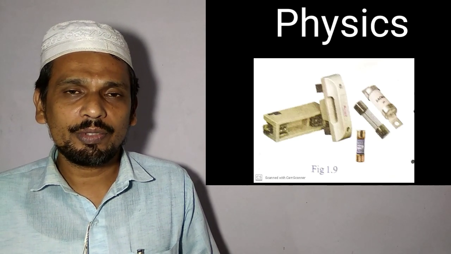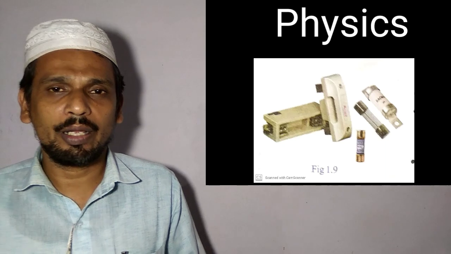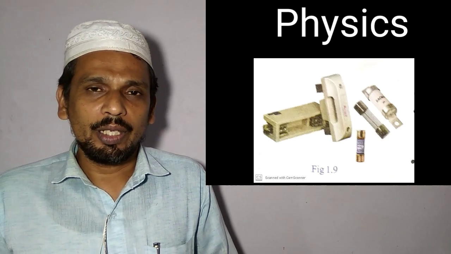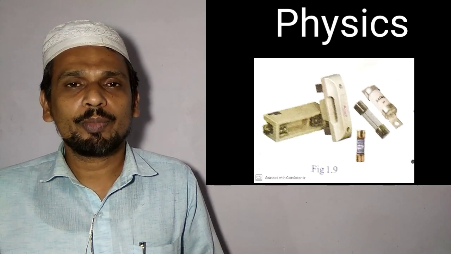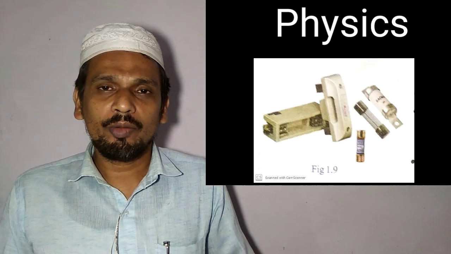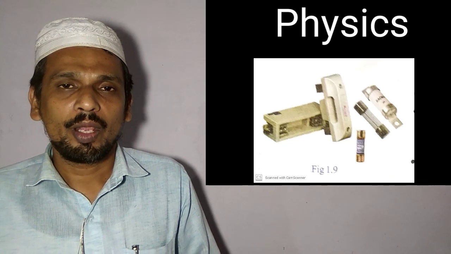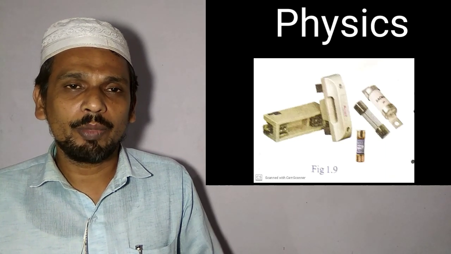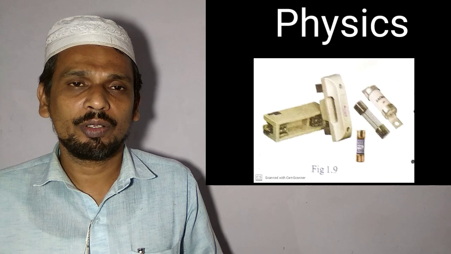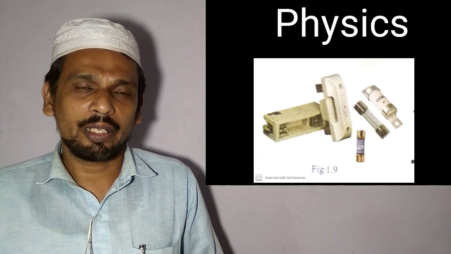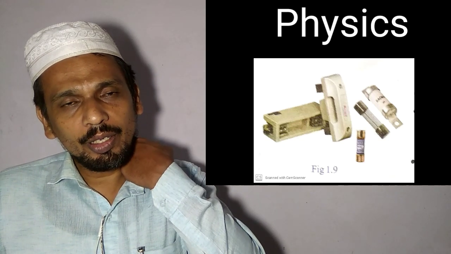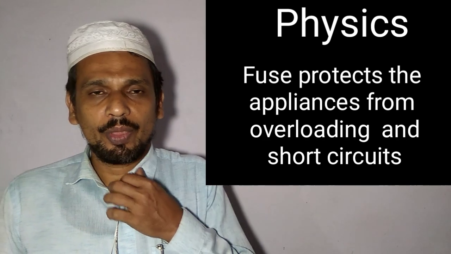Nowadays, instead of fuses, breakers are used. Breaker, MCB, ELCB are all different types of breakers. In olden wiring, many fuses were used. Now also, a big fuse is connected in the meter board.